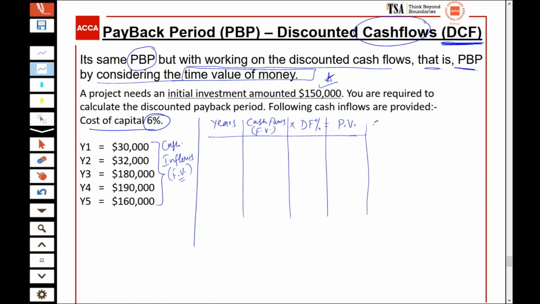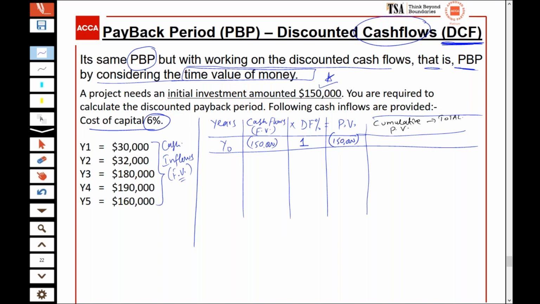And then the next point is the cumulative present values. Cumulative means total. Now, year zero. Cash flow is 150,000. Discount factor is always 1, and that is 150,000.